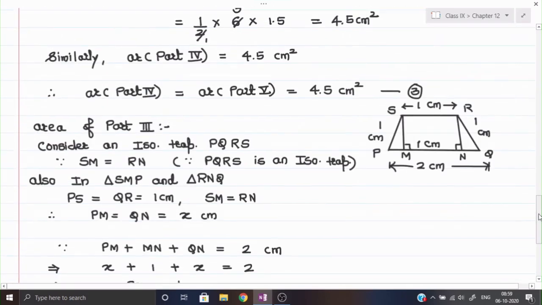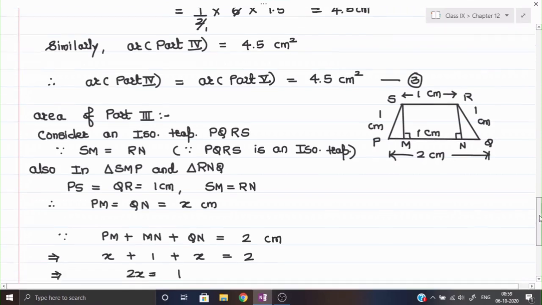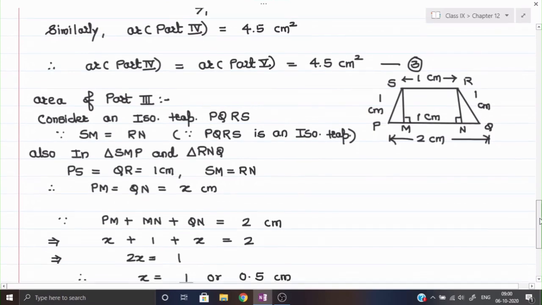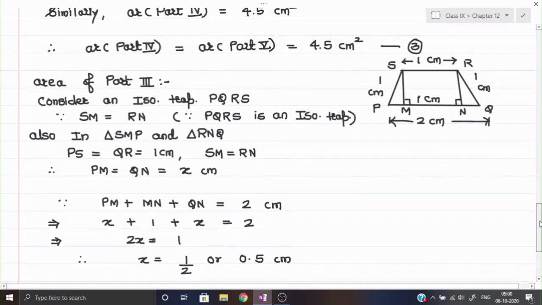So see the triangle SMP. SP will be the hypotenuse, while SM and PM are the perpendicular and the base of the right angle triangle. So we know that the hypotenuse square will be equal to the sum of the squares of the other two sides.